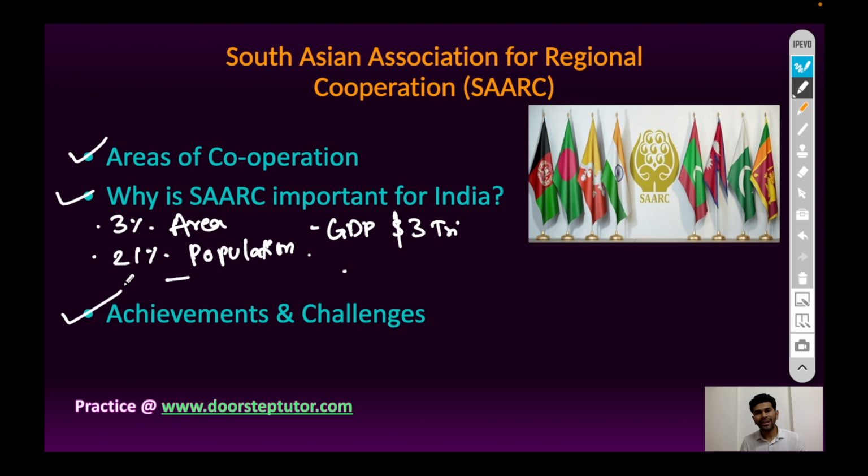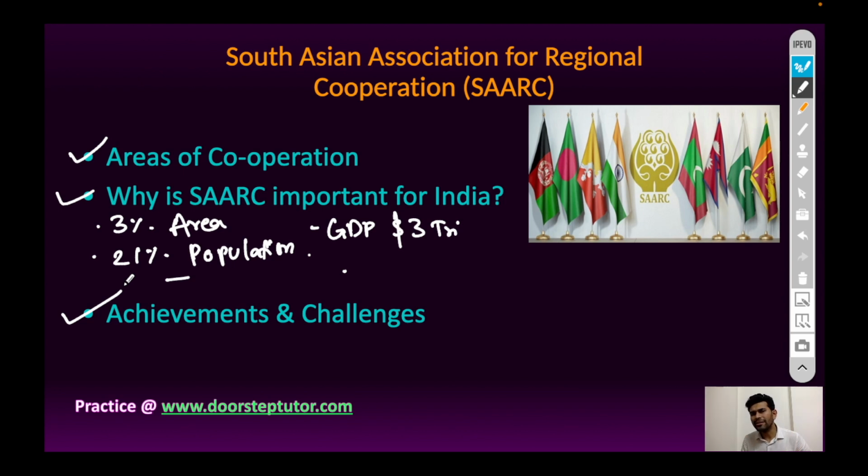What are the achievements and challenges for India? SAARC University has been established at New Delhi, India. India has signed free trade agreement and preferential trade agreement to improve trade relationship.